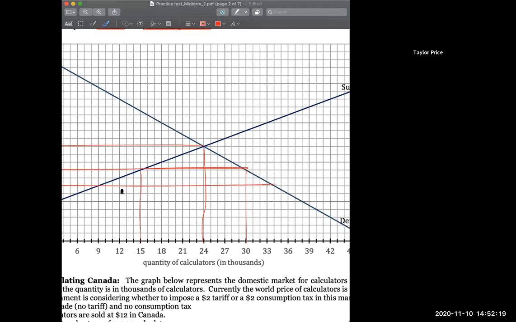So this is going to be deadweight loss right here, and this is the deadweight loss here. And this would be tariff revenue in the middle. And so then to find the two deadweight loss triangles, we would just use the 1/2 base times height formula.